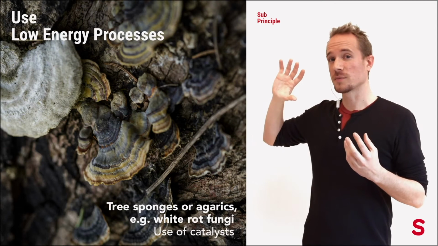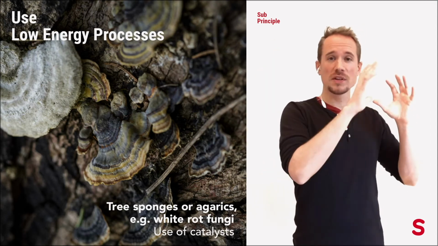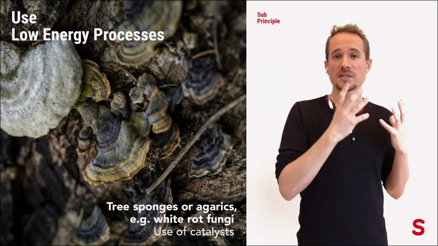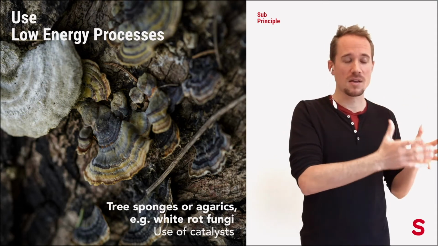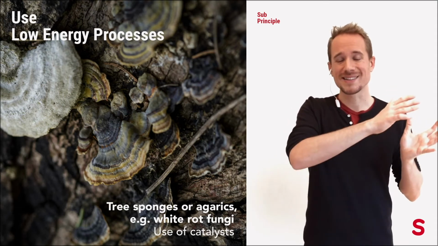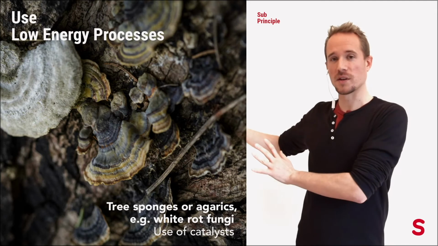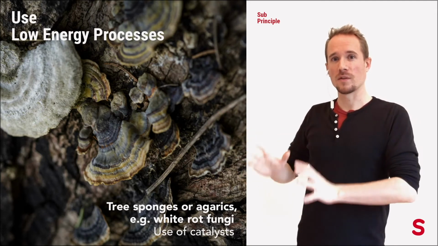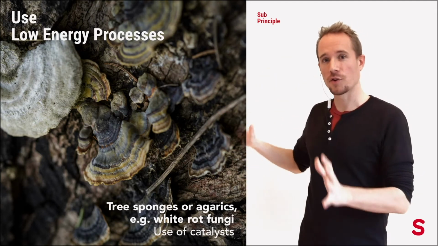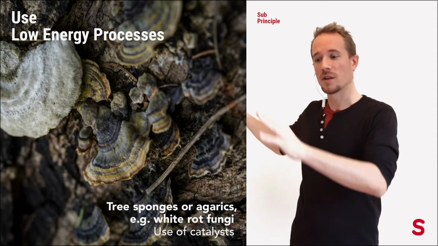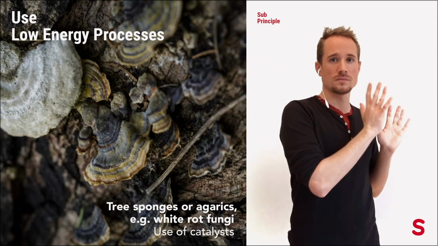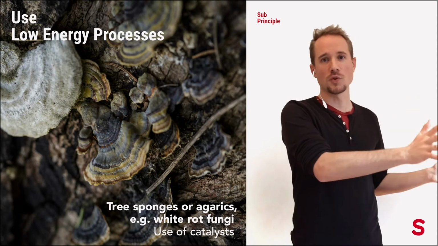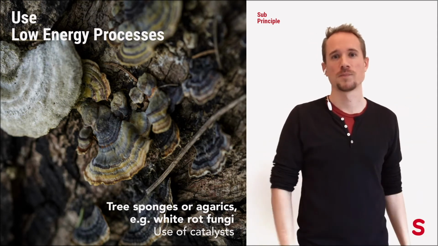Most other organisms, like I said, can't do that. So these tree sponges are very essential to make the energy stored in the wood accessible for other organisms again. And this is the first part in turning a dead tree into new life, new soil, other organisms.